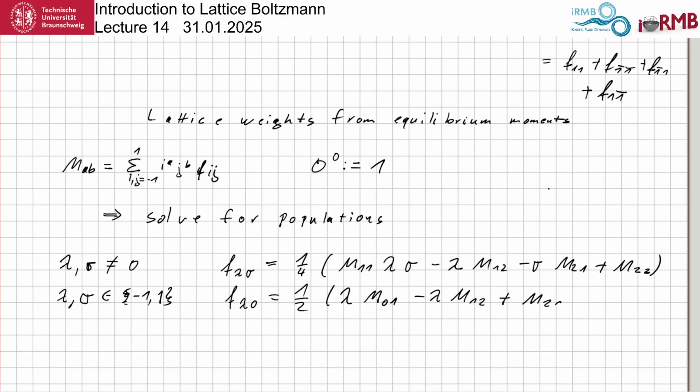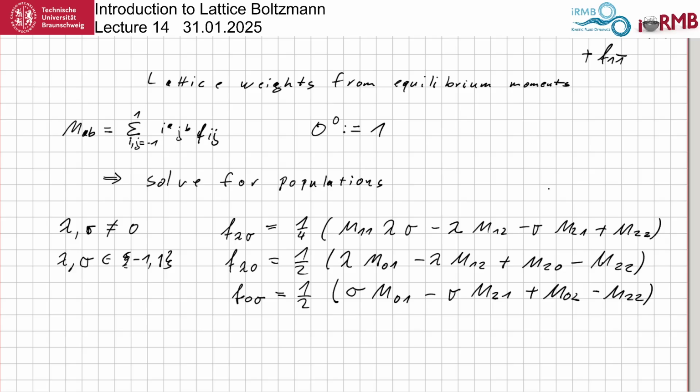So this is what the computer algebra brought out, at least I hope that I've written it down correctly. But if you do it yourself, don't trust my notes, always do it yourself. Plus M02 minus M22. And then there is the F00 part, which is M00 minus M02 minus M20 plus M22. So now this is the way we compute the populations when we have the moments.